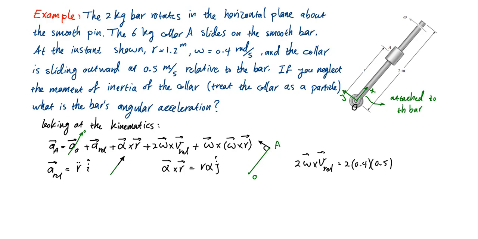We said 2 omega cross v relative is perpendicular to v relative. If you go back and take a look at the notes and the way we defined this term, remember it was associated with Coriolis acceleration, and we said the way we deal with the direction is, I'll put it as a, 2 omega cross v relative is perpendicular to v relative. What is v relative? Well, v relative is along this line. We talked about v relative.